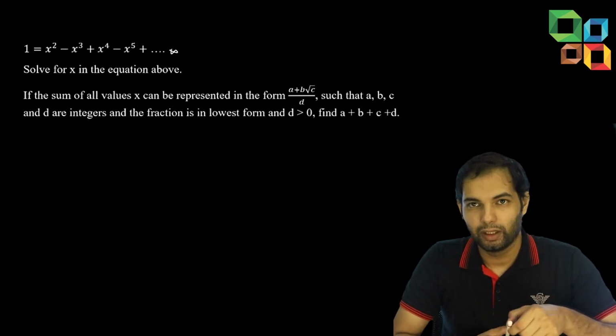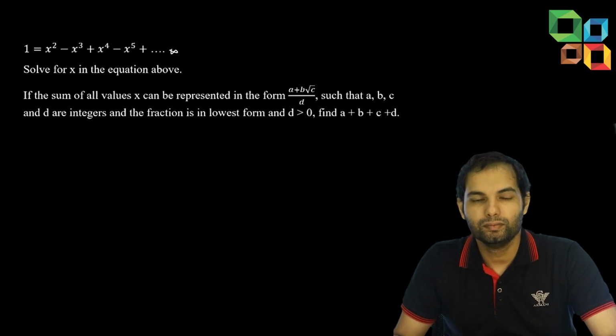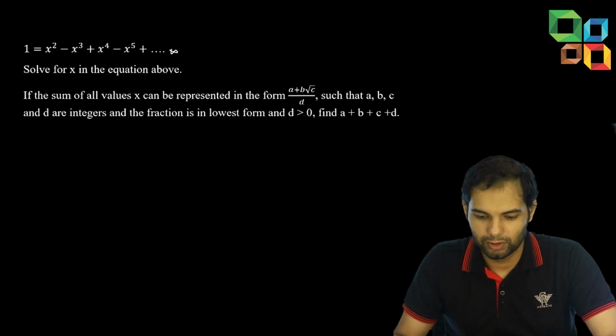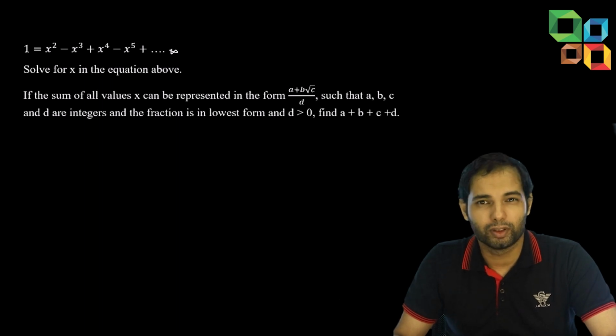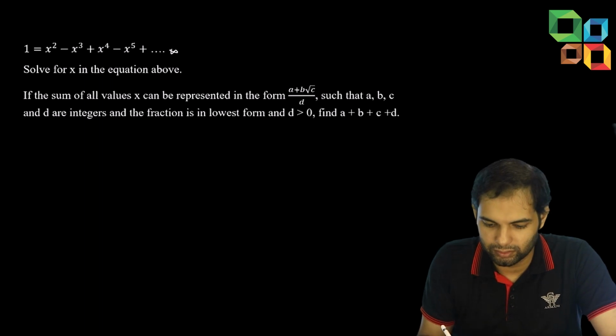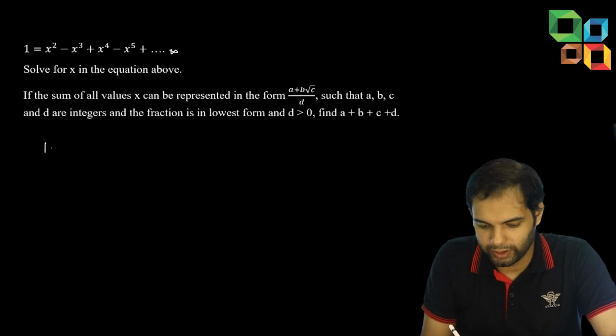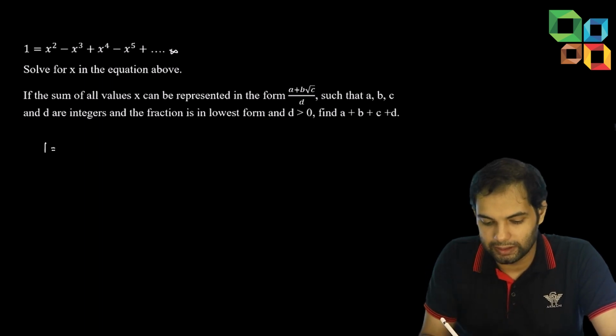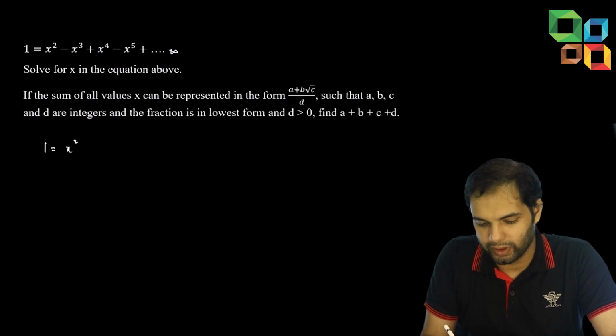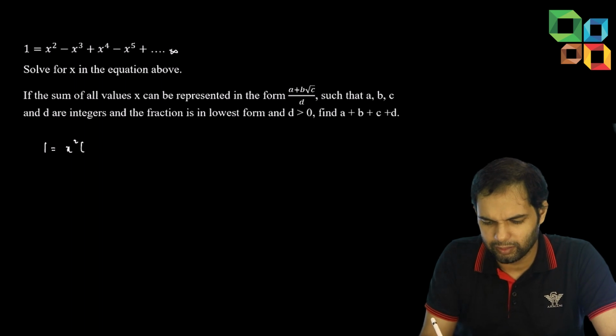Did we approach something? Sum up to infinity, no? Don't we know the formula for it already? What is this? If I combine this, it is x square into (1 minus x).